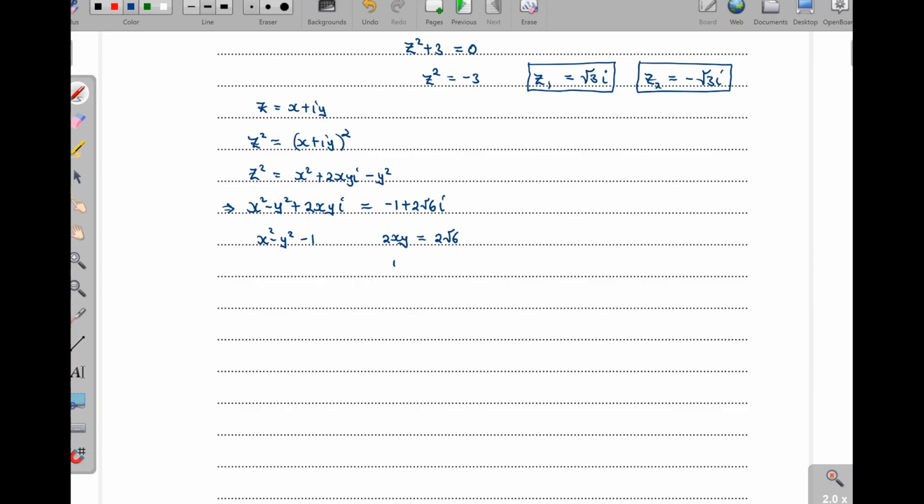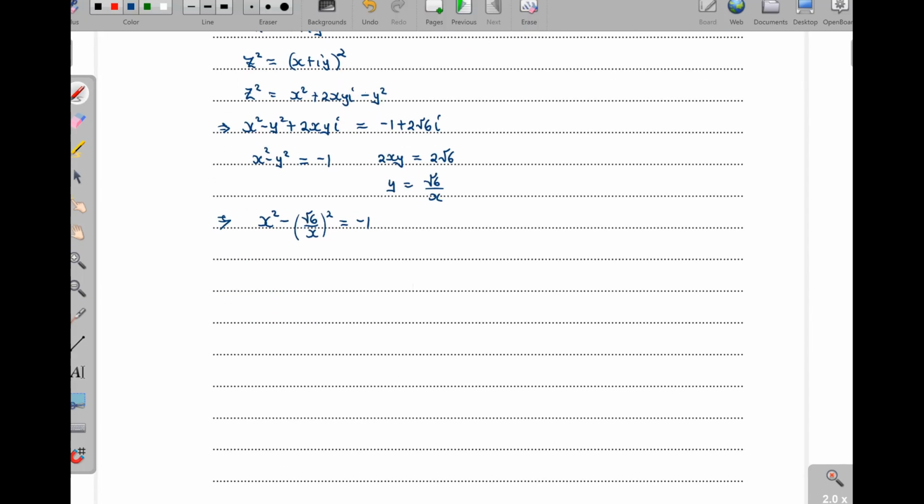So I can put y in terms of x, the 2 will go, then we shall have root of 6 over x. That implies that when we come to this one here, by the way, what did I do here? I must have this one equal to negative 1. So we have x squared minus, then y is root of 6 over x, we square it, then equate to negative 1.